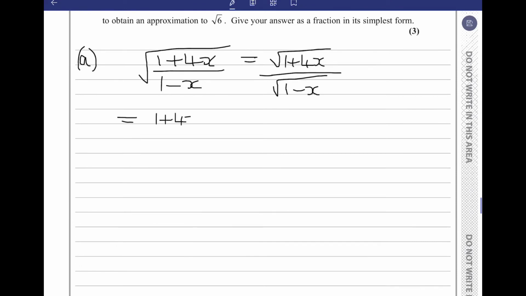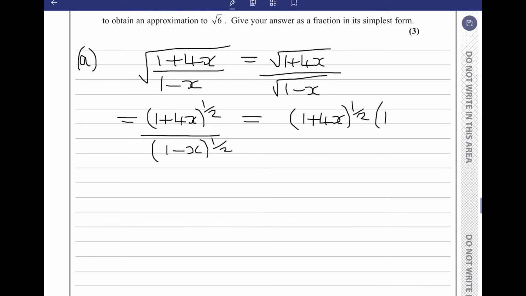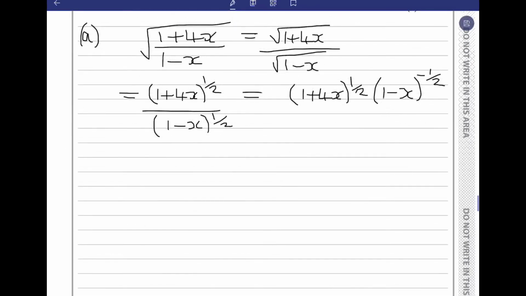So this is (1 plus 4x) to the half over (1 minus x) to the half. And then we can bring the denominator up to the top. And this should make it easier to perform a binomial expansion. Minus a half.